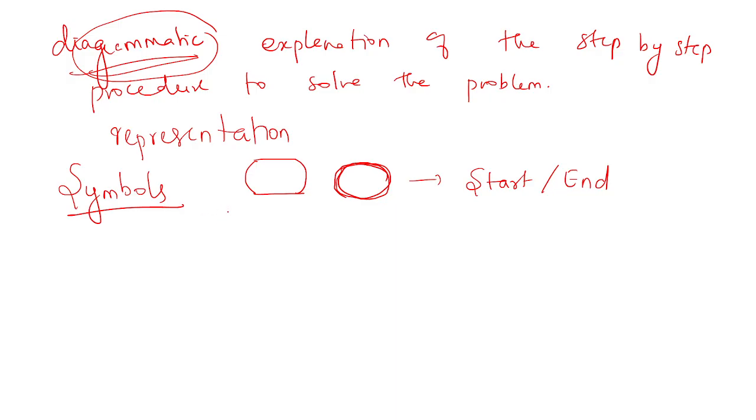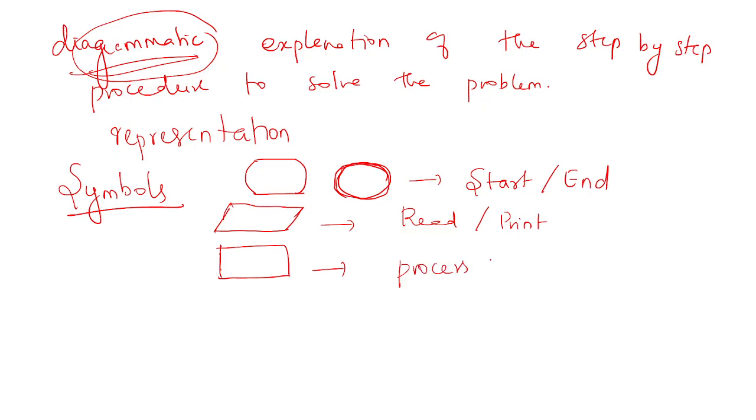To represent reading an input or printing an output, you go for a parallelogram symbol. This is for input and output. And to show the process, the step-by-step process or some computation, mathematical computation, some assignments, you use a rectangle symbol.